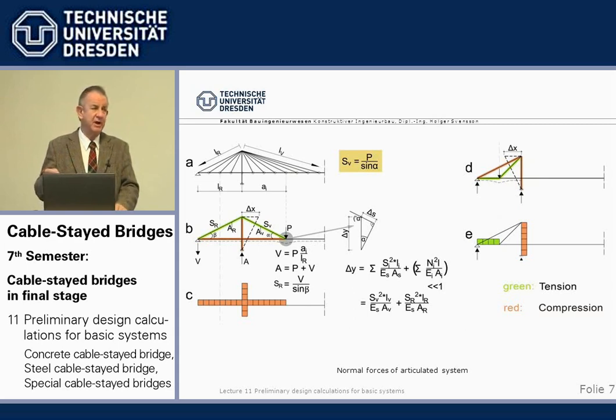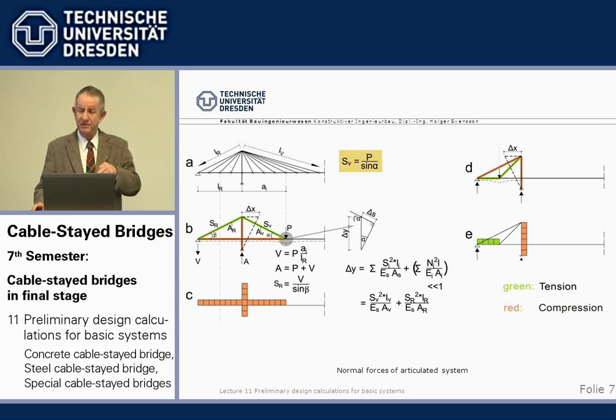So we take away the moment capacity of the beam, and we take away the fixation here and introduce a hinge here. So a hinged or articulated system is our approximation for calculating the normal forces.